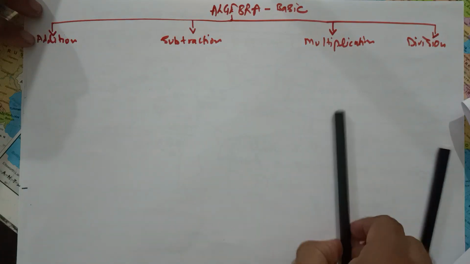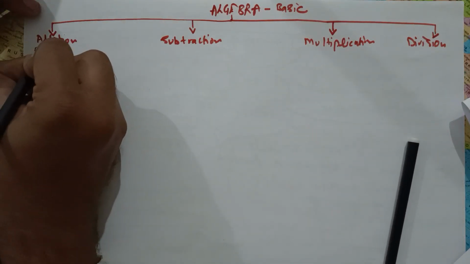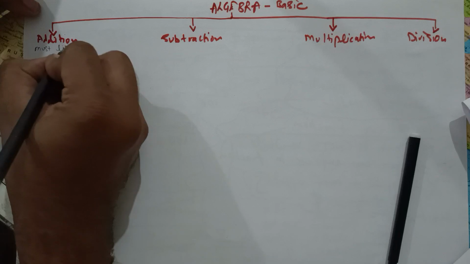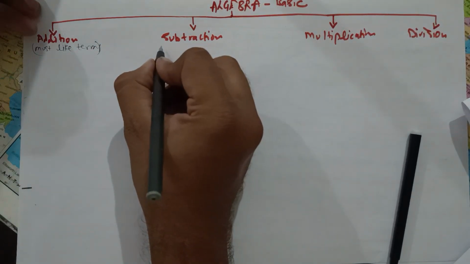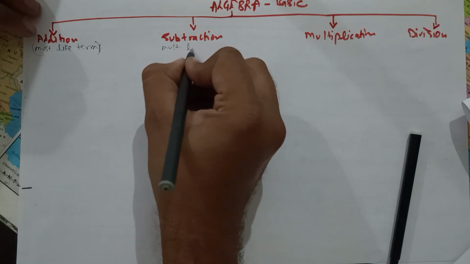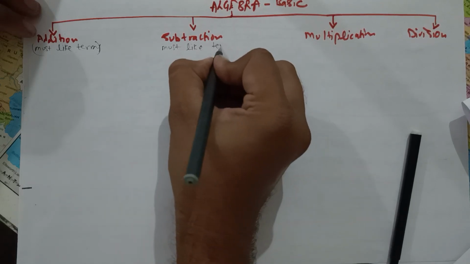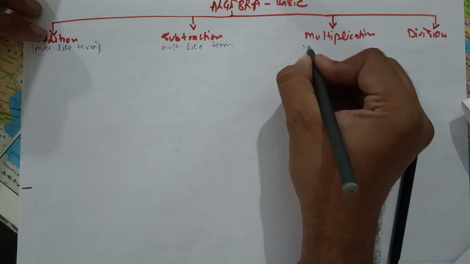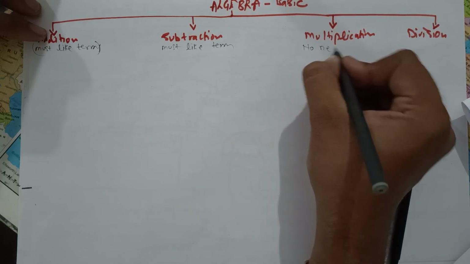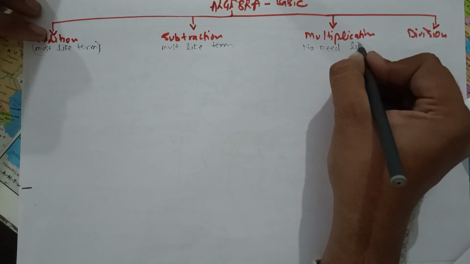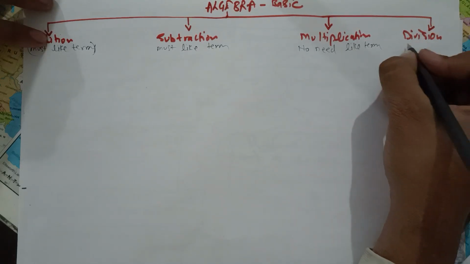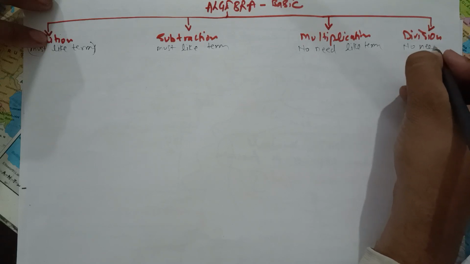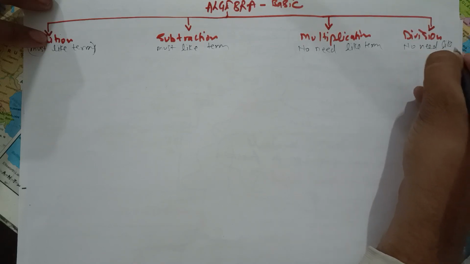Must be like terms here. Subtraction, also must be like terms. Multiplication, no need for like terms. Okay. And same in division, no need for like terms.